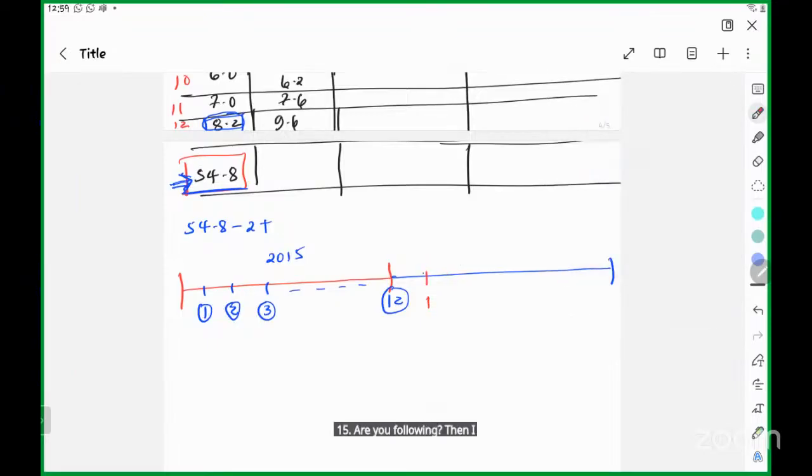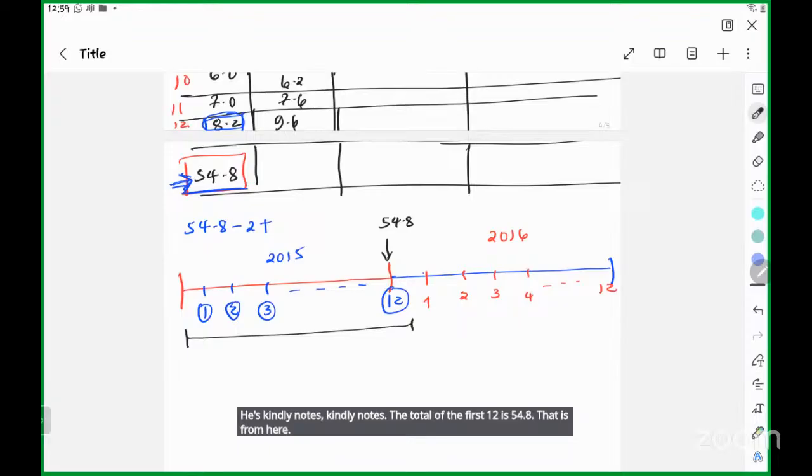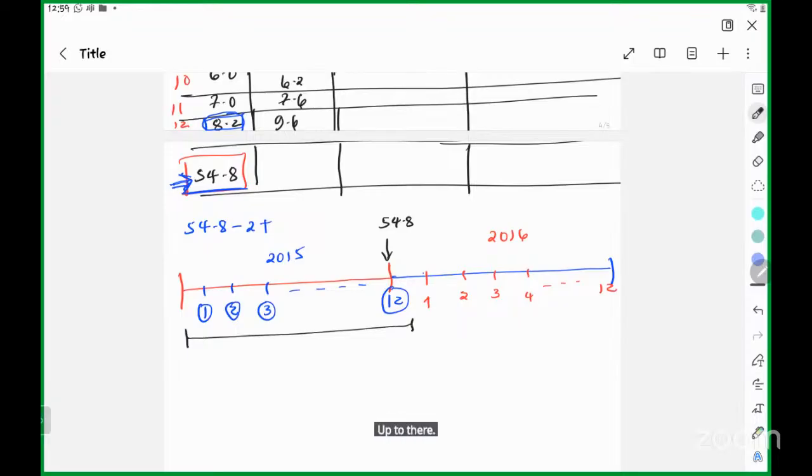Then I have 1, 2, 3, 4, up to 12, and this is 2016. Now, if I want the first 12 values, the total of the first 12 is 54.8. That is from here up to there. Are you with me, please?